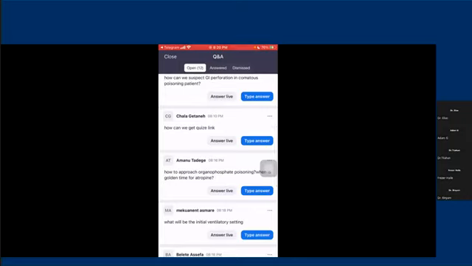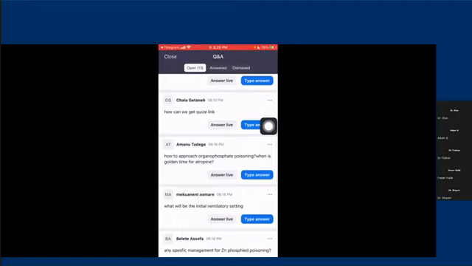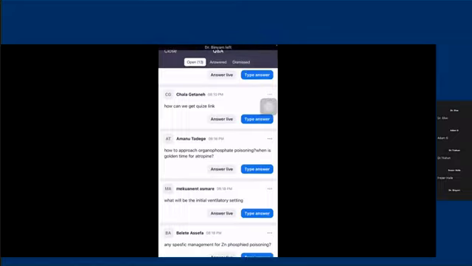How to approach organophosphate poisoning, and when is the golden time for atropine? Organophosphate poisoning is really very rampant in our setup because most of our farmers use organophosphate as a pesticide. Organophosphate poisoning fortunately has an antidote, which is atropine.